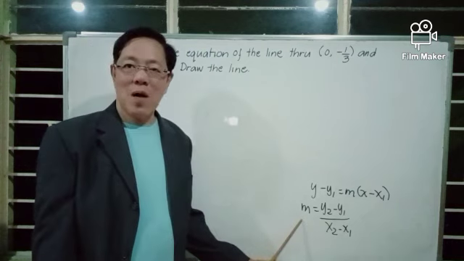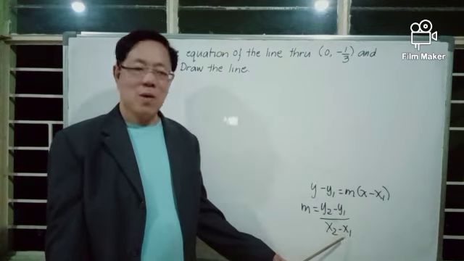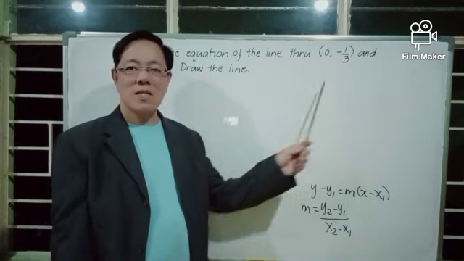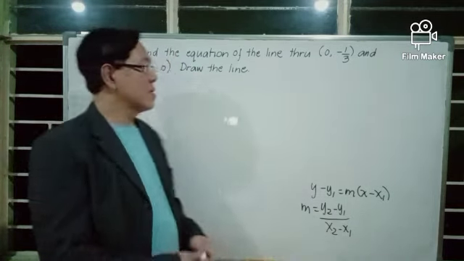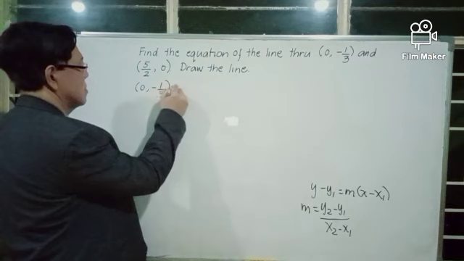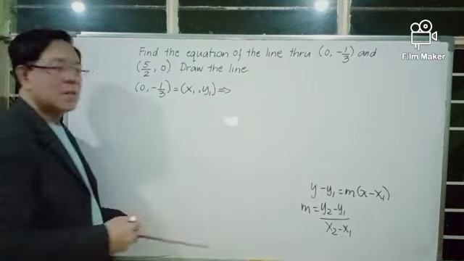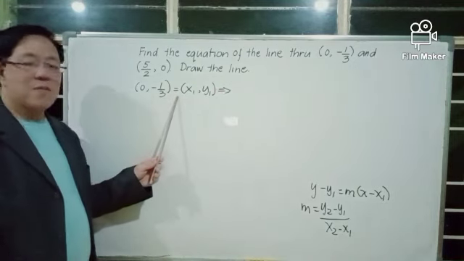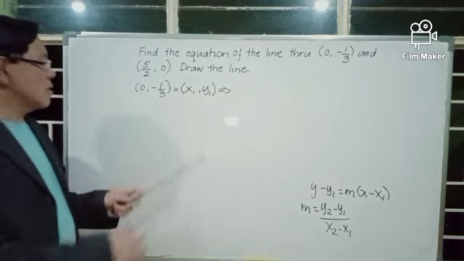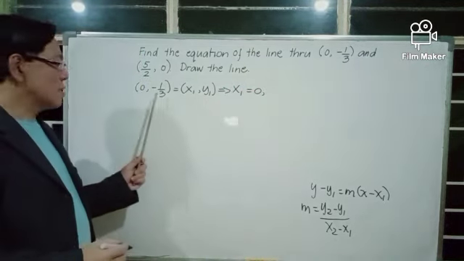To find the slope m of the line, we need 2 points on the line with coordinates. The first point with coordinates x1, y1. And we take the first given point 0, negative 1/3 as the point x1, y1. If we take the first given point as the first point with coordinates x1, y1, this implies that x1 is 0. y1 is negative 1/3.